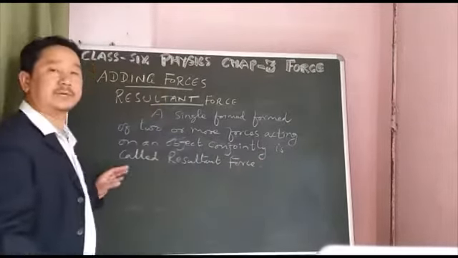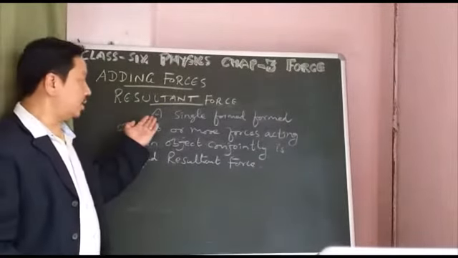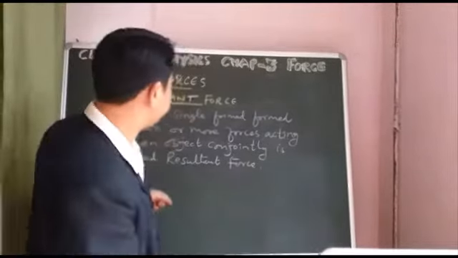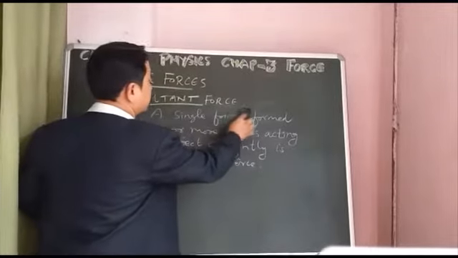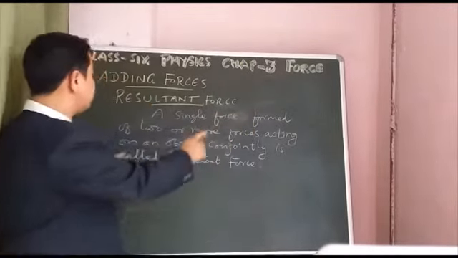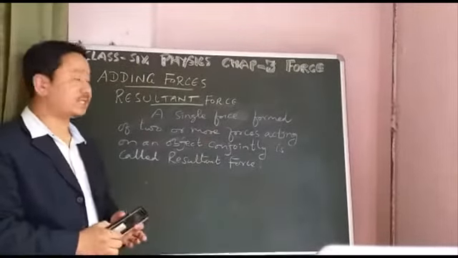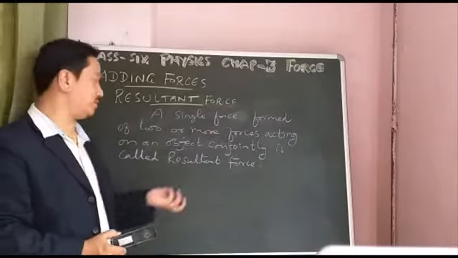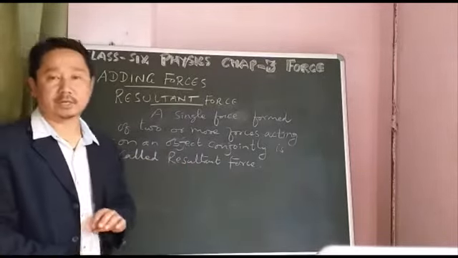See, I have written here: a single force formed of two or more forces acting on an object conjointly, which means together, is called resultant force.